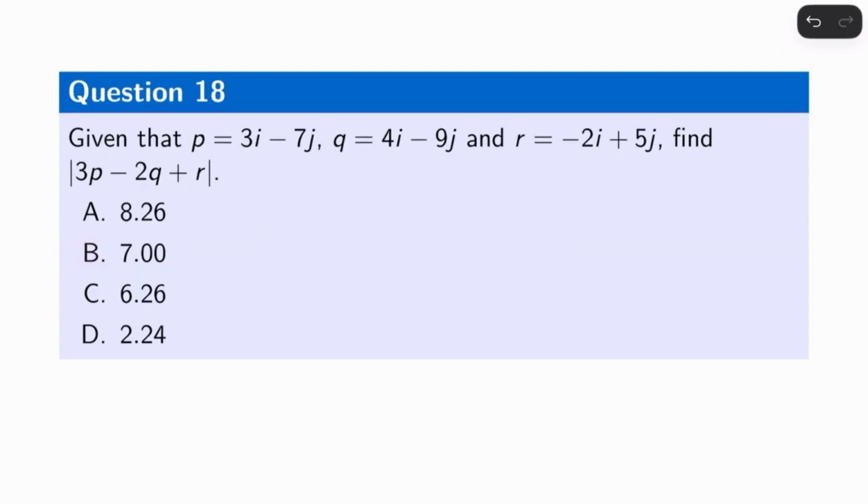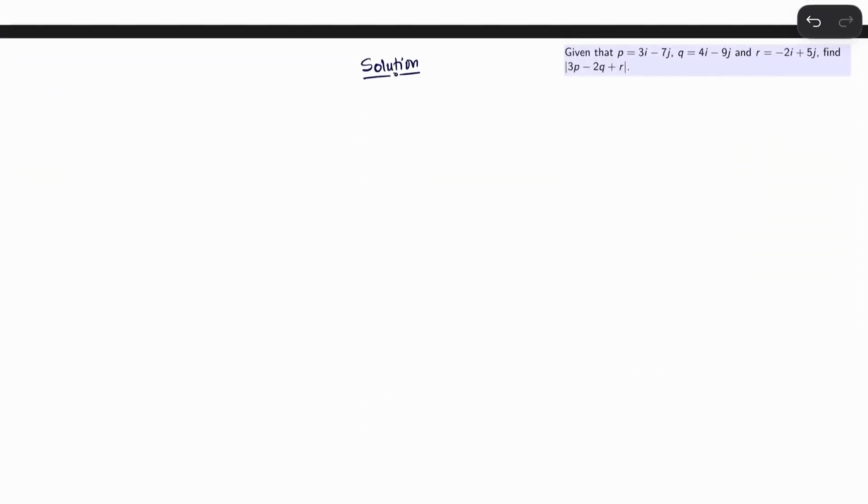Question number 18. Given that P is given as this, and Q given as this, and R given as this, we have to find the magnitude of 3P minus 2Q plus R. Okay. Solution. The vector P is given as 3i minus 7j. Q is given as 4i minus 9j.